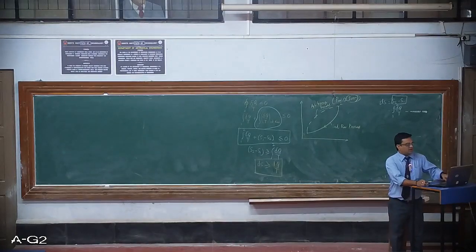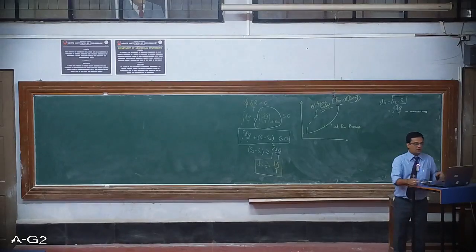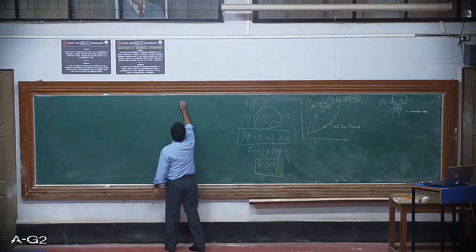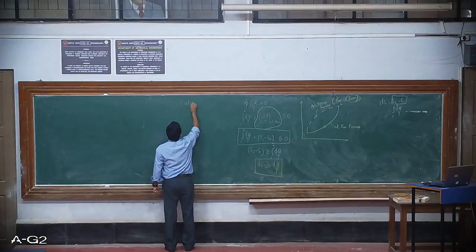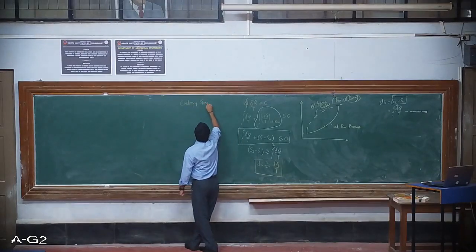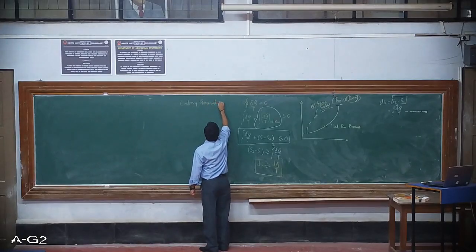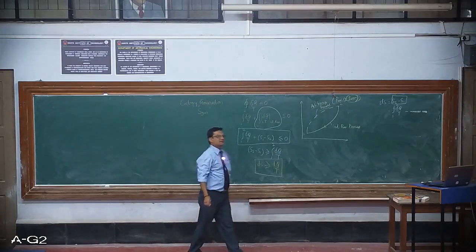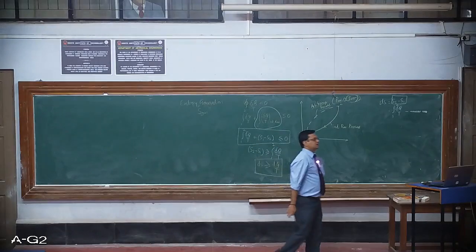The entropy generated during a process is called entropy generation. Since it is greater than, we call this entropy generation. It is given the symbol capital S gen. Just like S for entropy, entropy generation is S gen.